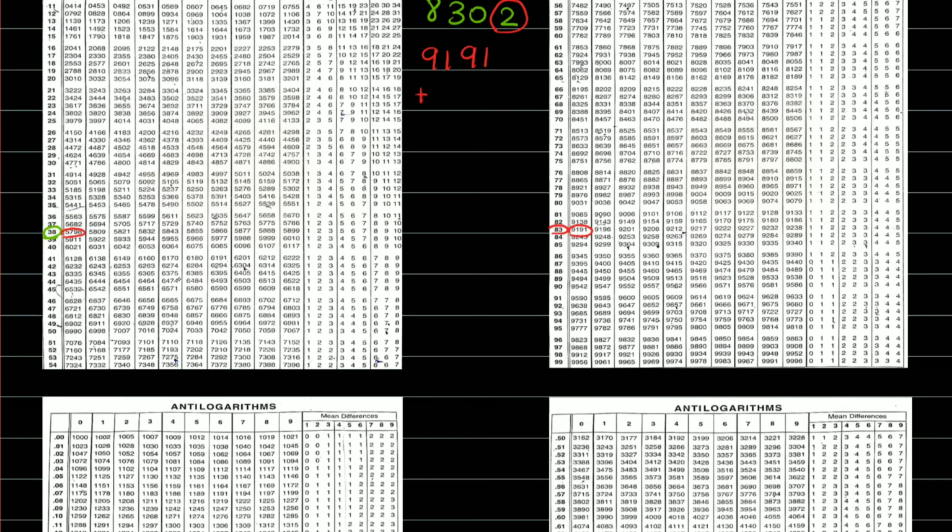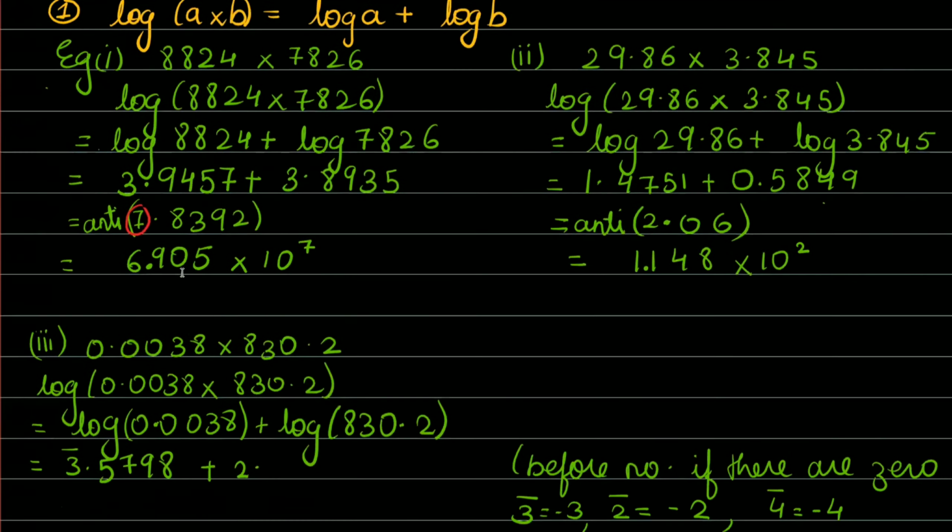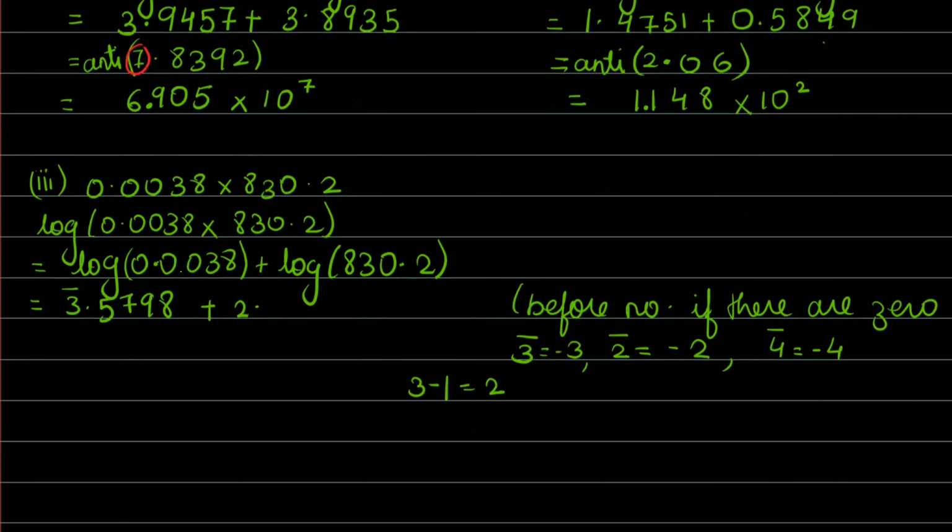So we are going to find this value in the mean difference table, which is 1. We are going to add the value 1. 1 plus 1 is 2, 9192. So 9192 is our value.